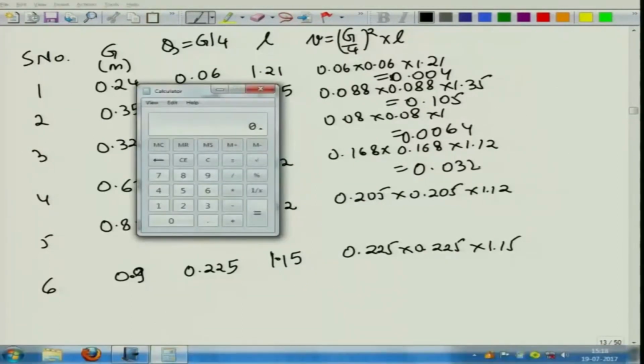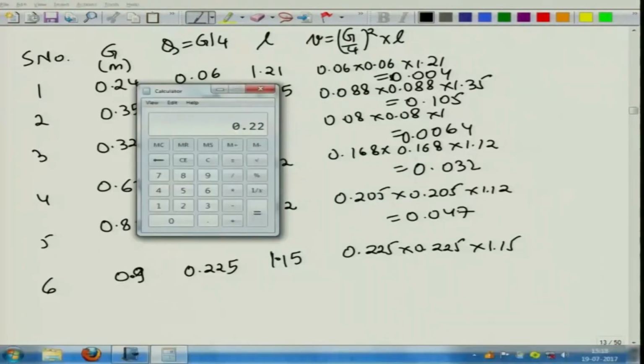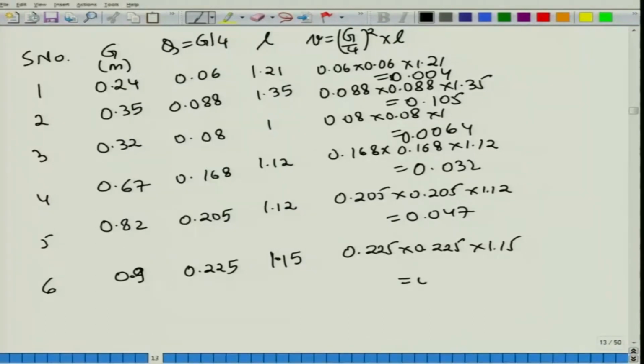Next you have 0.205 into 0.205 into 1.12, which is 0.047, and the last one is 0.225 into 0.225 into 1.15, which comes to be 0.058. So, this is the volume of one log.